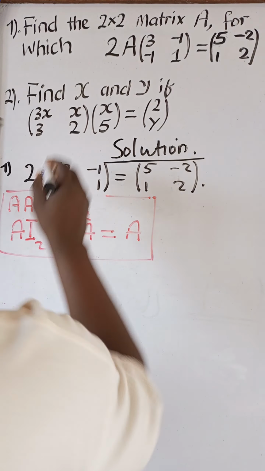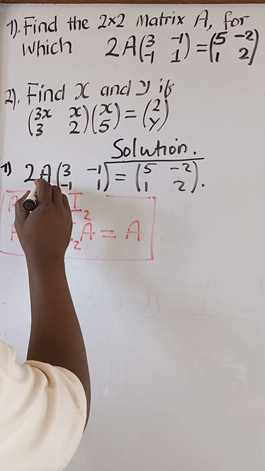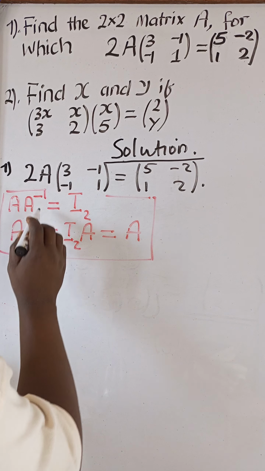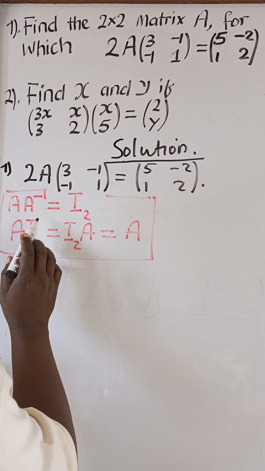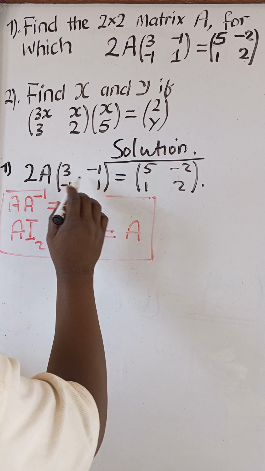Straight away, if we look at our question, we want to find the matrix A. It's a 2 by 2 matrix. So it will be nice if we obtain the inverse of this 2 by 2 matrix. Pay attention: post-multiply means the matrix goes first, pre-multiply means it goes second.